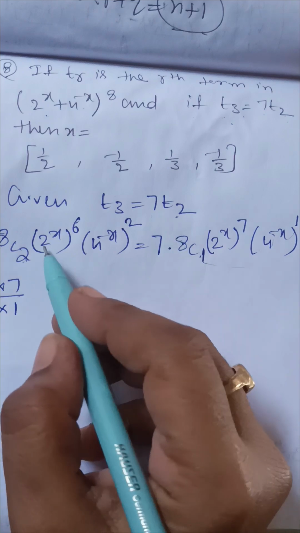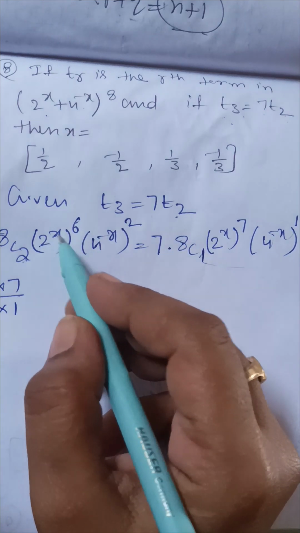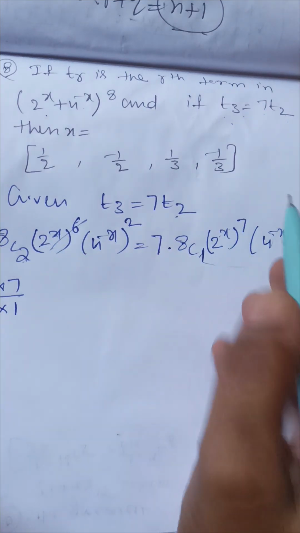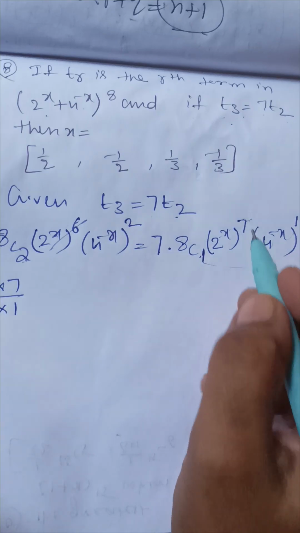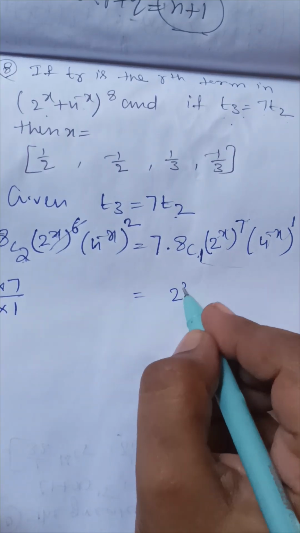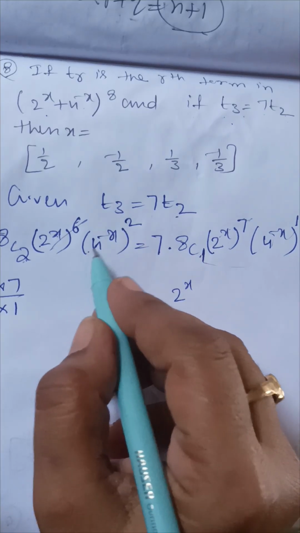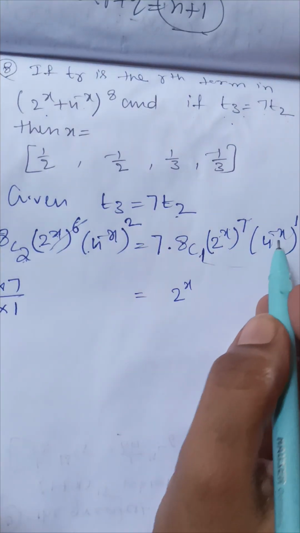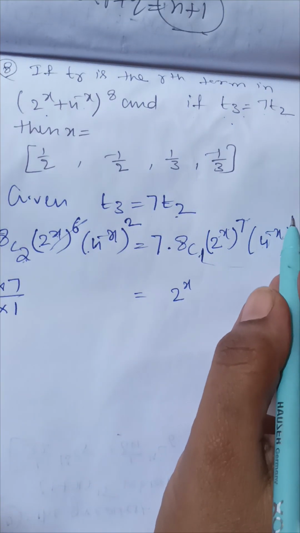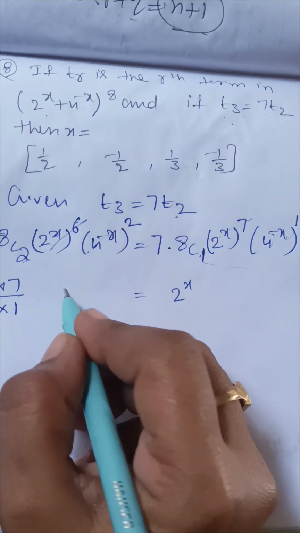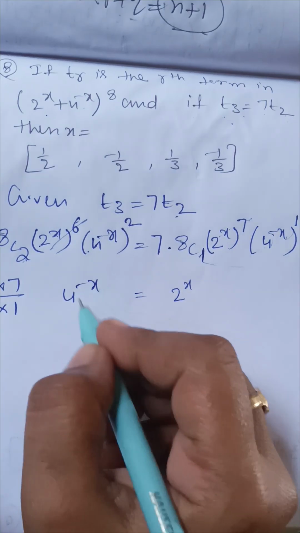On both sides (2^x)^6 can be cancelled, but here one extra 2^x to the power 1 is there. Here (4^(-x)) squared is also cancelled with 4^(-x) to the power 1 time, so it will be 4^(-x) to the power 1 time.